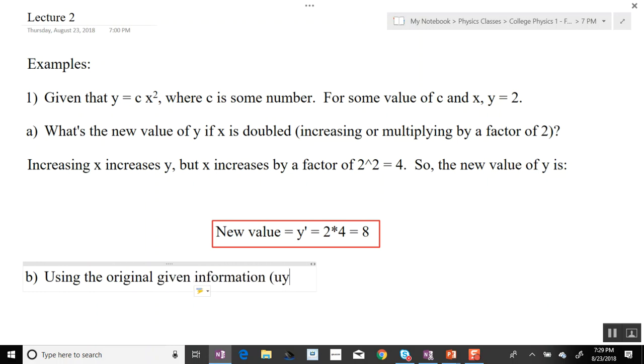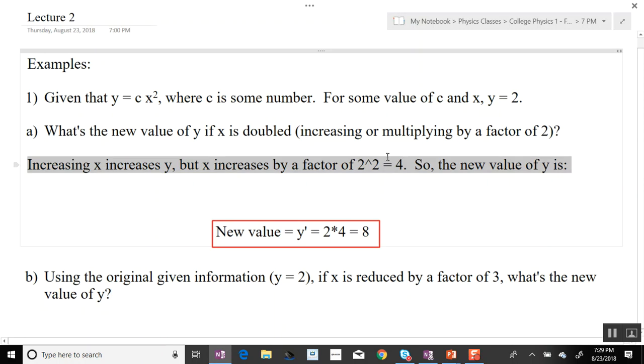So in other words, supposing y starts at 2 again, so we're not compounding from part A. It's not 8. No, it's just back to 2. So if x is reduced by a factor of 3, what's the new value of y?